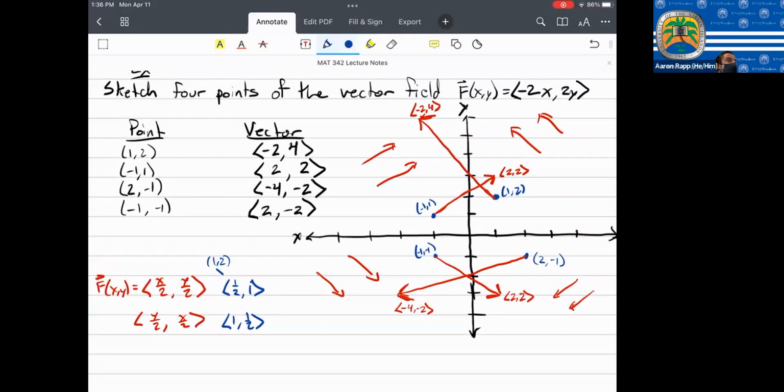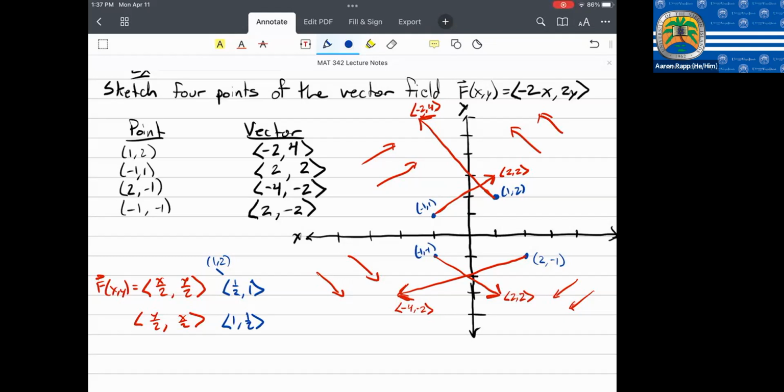Like, how do I do that? I just plotted a bunch of points in my head and then realized what's happening. Anytime I have positive x and y values, take positive x and positive y. If I take positive x multiplied by -2, it's going to be a positive number or negative number?